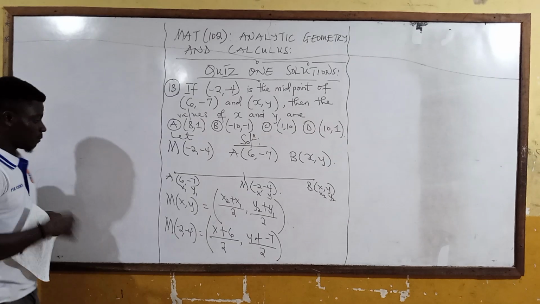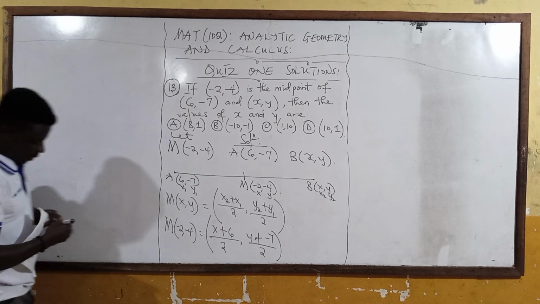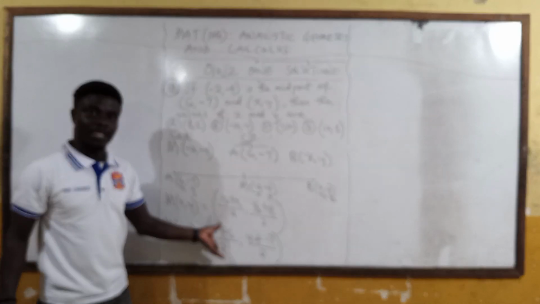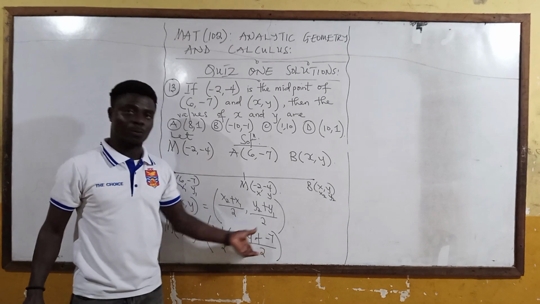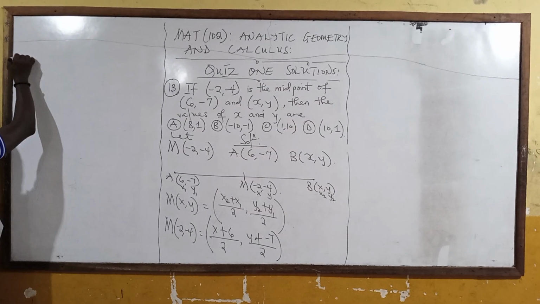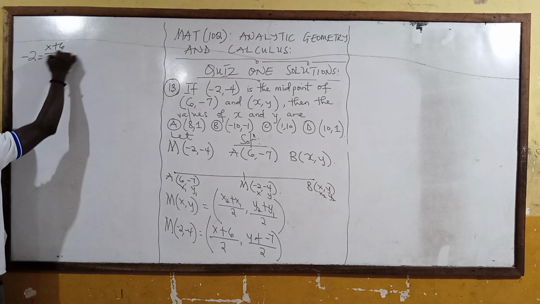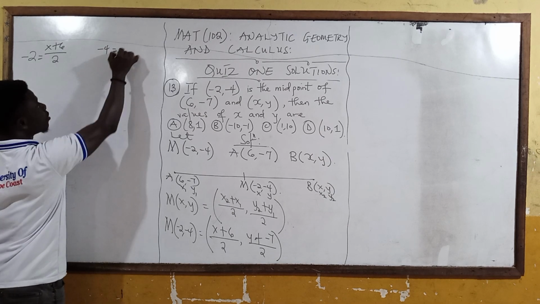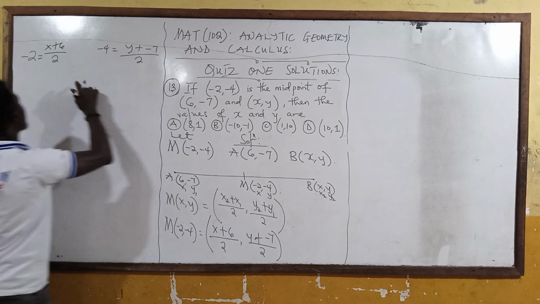Right. So now we proceed with the same approach. This one is x, so my x coordinate corresponds to -2, and -4 corresponds to y. So I have -2 equal to (x plus 6) divided by 2, then -4 equal to (y plus -7) divided by 2.